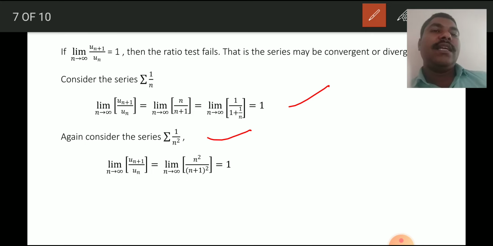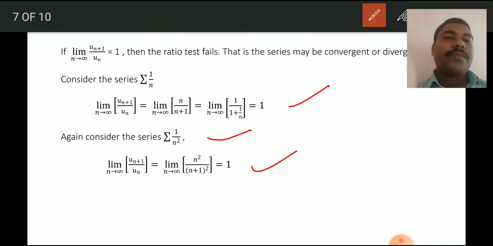Again consider the series summation 1 by n square. We get limit of un plus 1 by un as n tends to infinity equal to limit of, here un plus 1 is 1 by n plus 1 whole square and un is 1 by n square. So that is limit of n square by n plus 1 whole square as n tends to infinity.